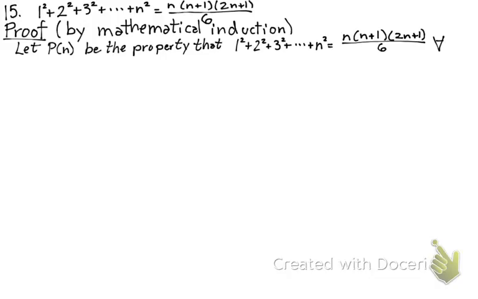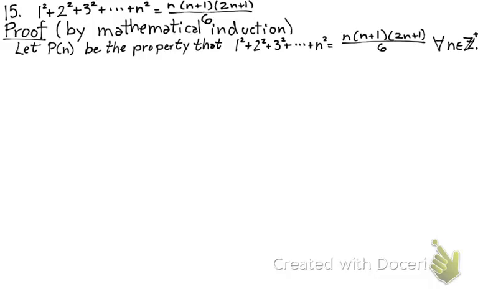And here it's given that n is greater than or equal to 1, so we can say for all n element of the positive integers, and that will give us greater than or equal to 1. So there we've established our property.